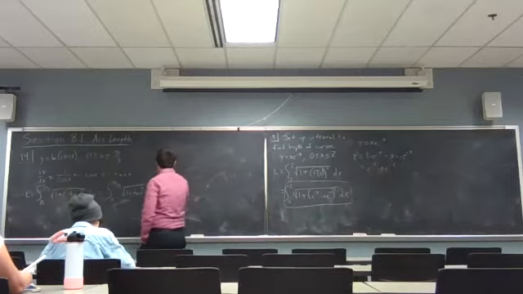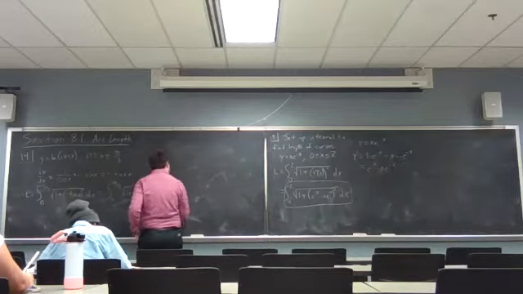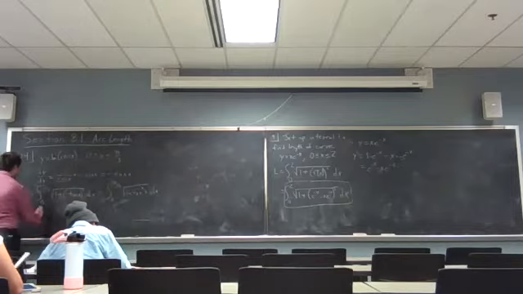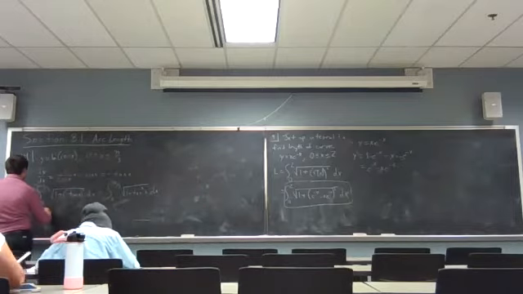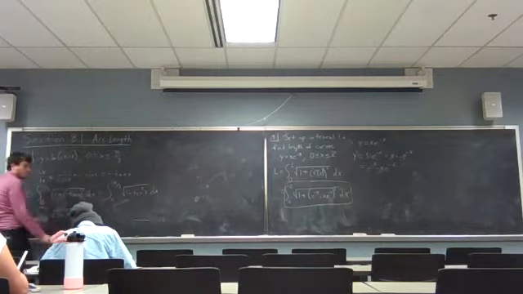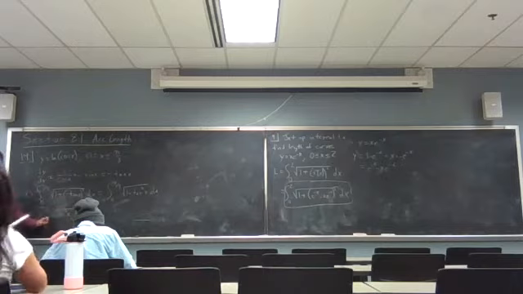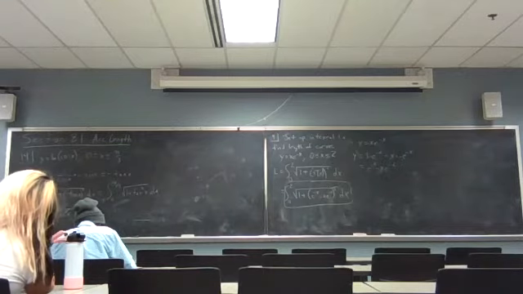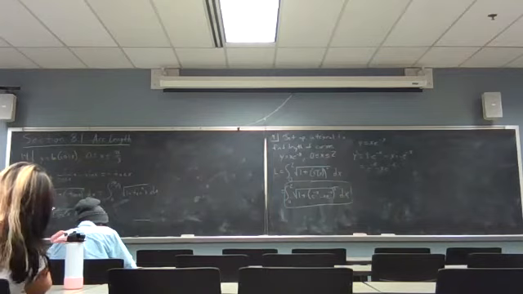Secant squared x. So we get the square root of secant squared x, right? Which of course, the square and the square root cancel each other. So we're left with the integral from 0 to pi over 3 of secant x dx.